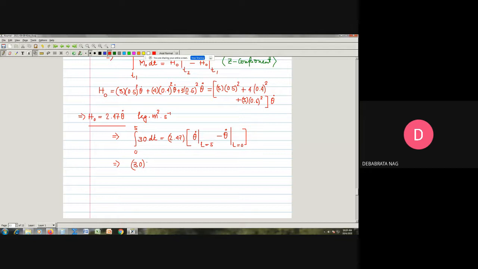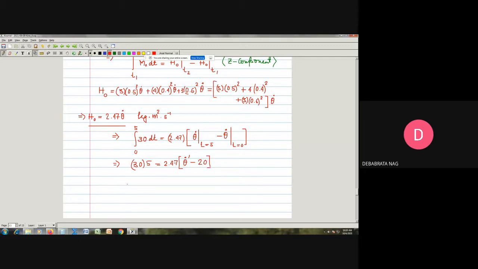So 30 into 5 is equal to 2.47 into theta dot prime, the notation with which the angular velocity at t equal to 5 is designated, minus the initial angular velocity, which is given as 20 radian per second.